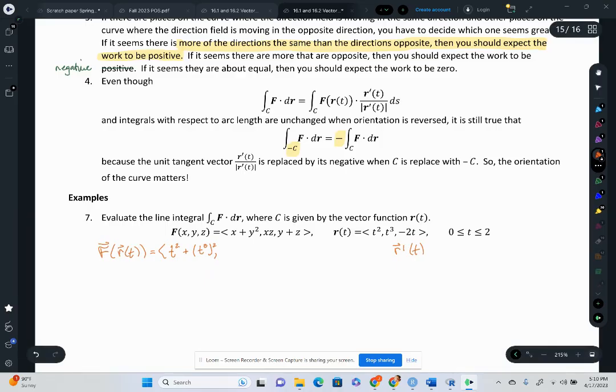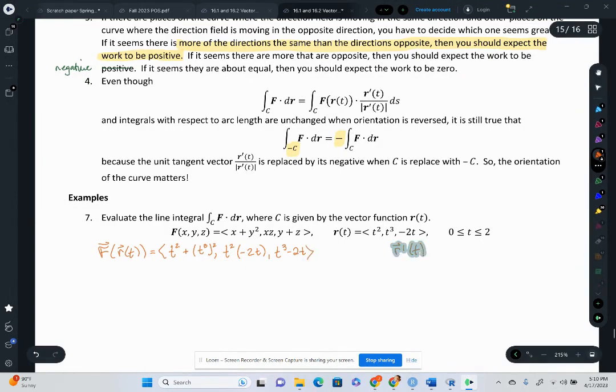For the middle component, xz, the x is replaced with t squared and the z value is replaced by minus 2t. My third component, y plus z, becomes t cubed minus 2t.